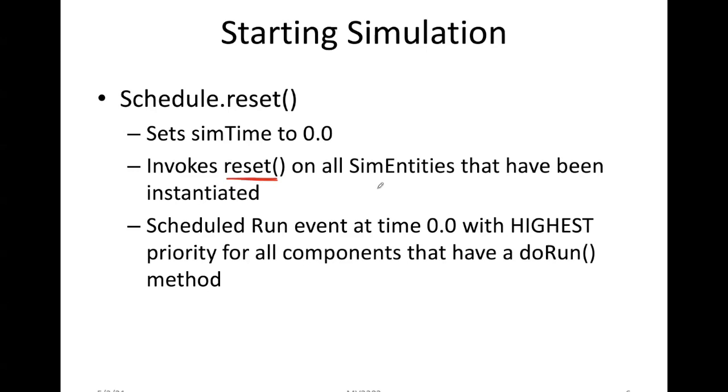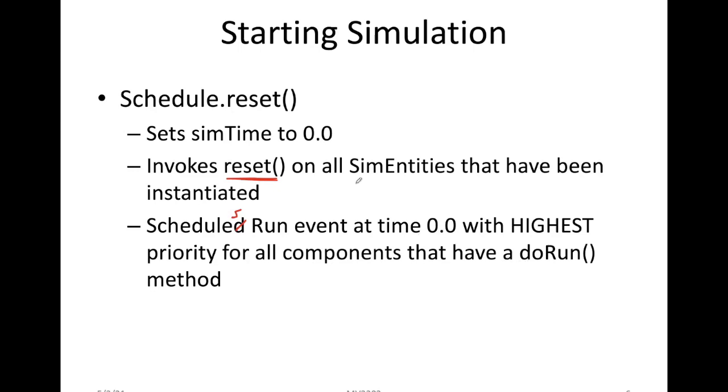It does not reset the stats, though, and that's going to come up in a couple weeks when we start doing more valid statistics on these things. Okay, and then after it invokes reset, it schedules the run event at time 0 with the highest priority for all components that have a doRun method.